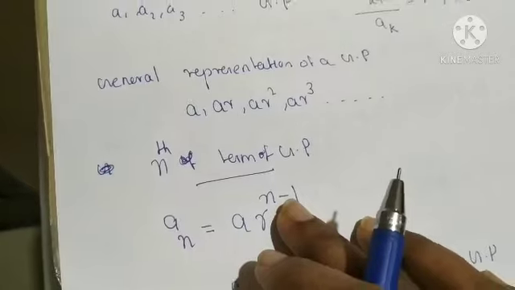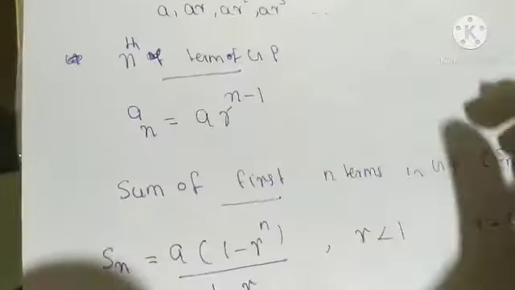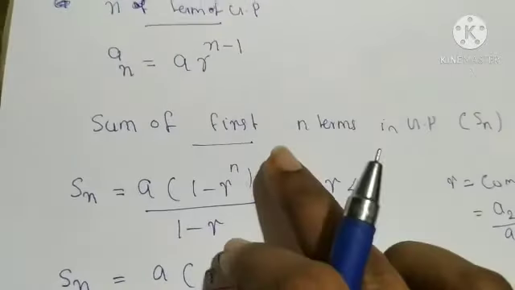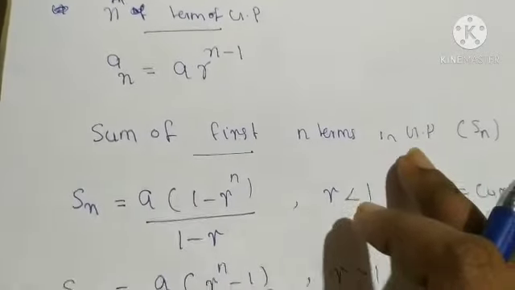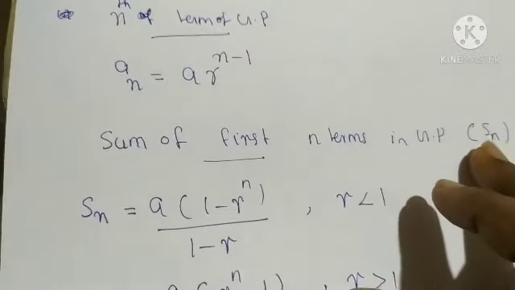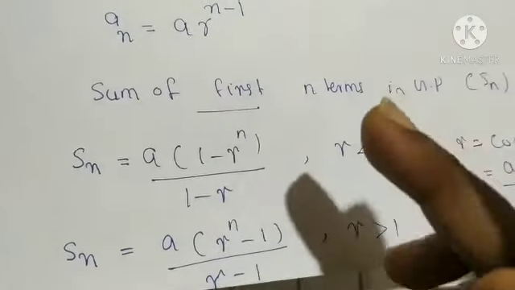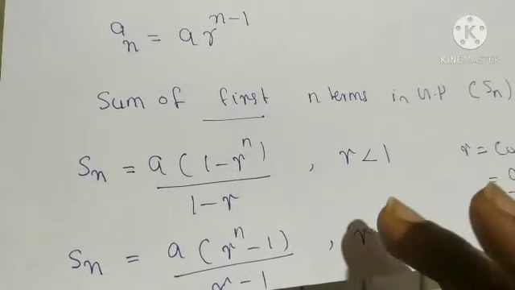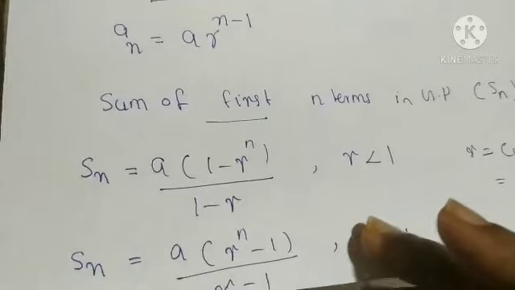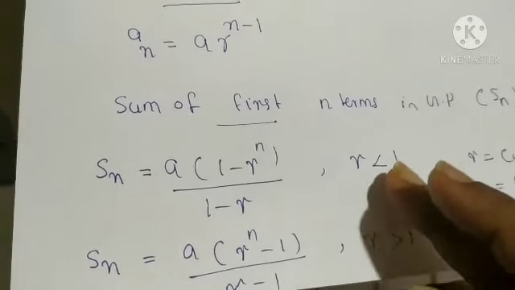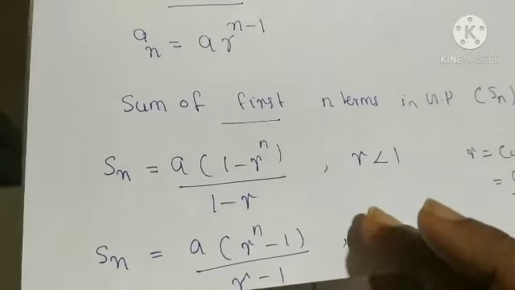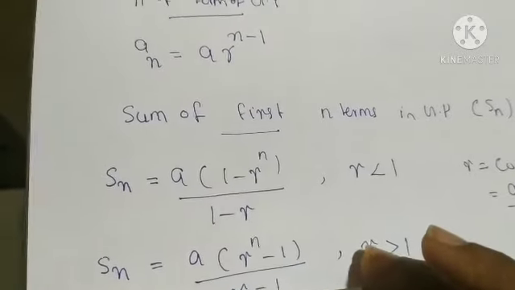The next topic is the sum of the first n terms in a GP, which can be denoted as Sn. There are two formulas for finding the sum of the first n terms in a GP: first, for r less than 1, that is, common ratio less than 1, and second, for r greater than 1.